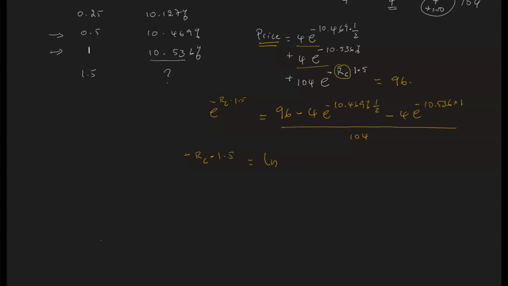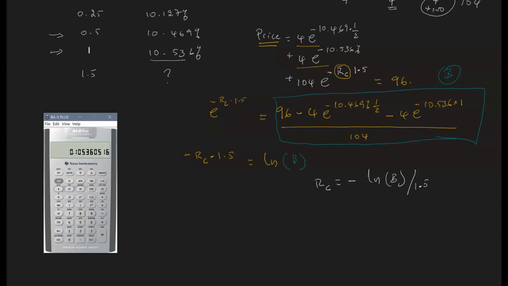I'm going to call this whole term here B, the log of B, and I'm going to divide both sides by minus 1.5. So my compound yield, or my zero here, is going to be equal to minus the log of B divided by 1.5.